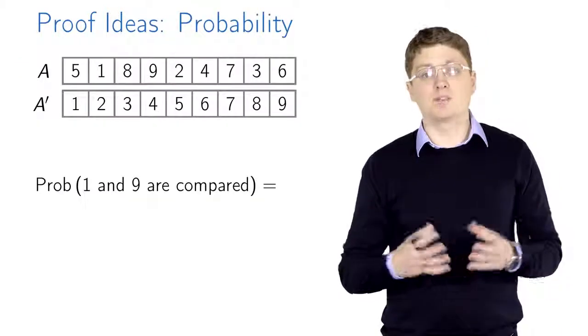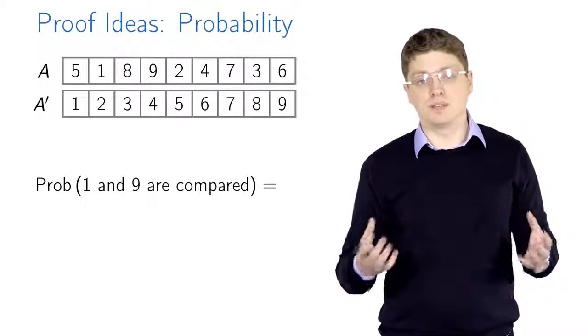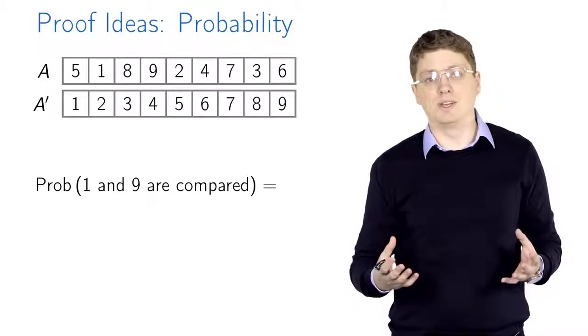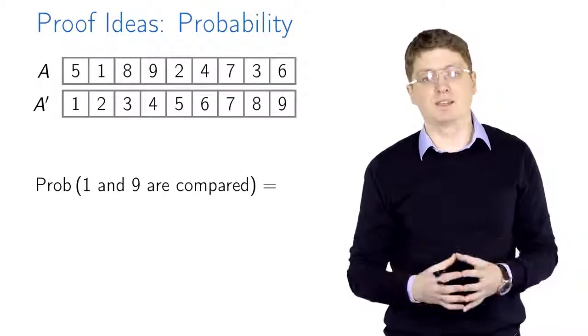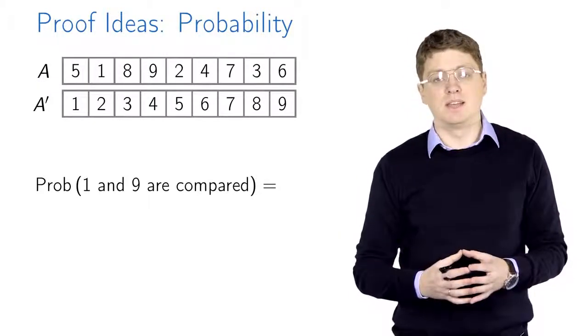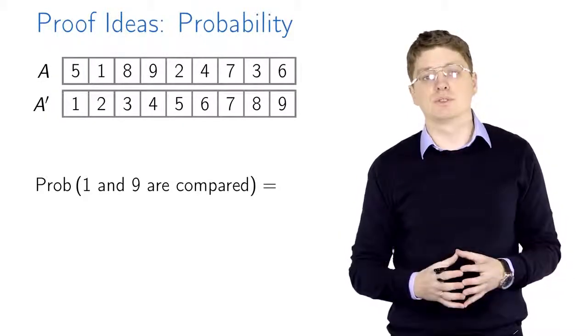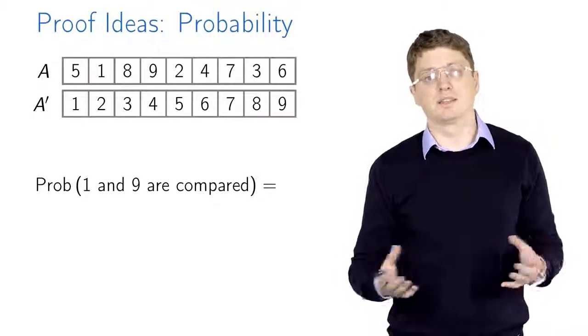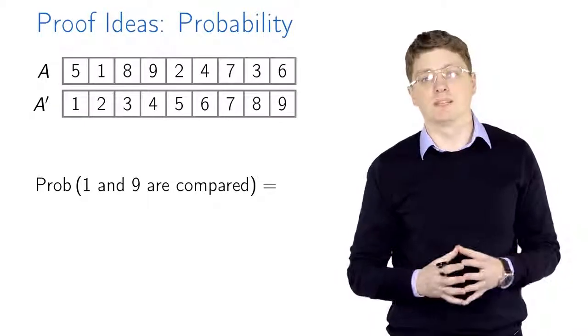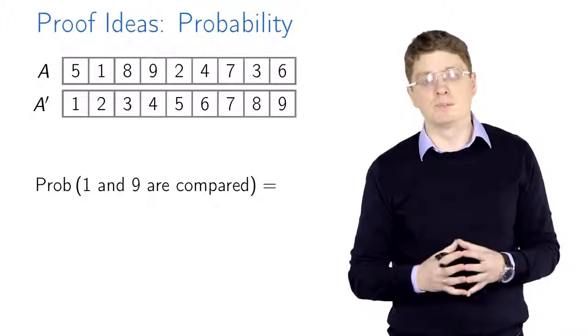Another thing I would like to discuss with you before going into the details of the proof is the following. Our algorithm is randomized. So its running time and its number of comparisons depends on the random bits used inside the algorithm. In particular, for any two elements, there is some probability that they are going to be compared.